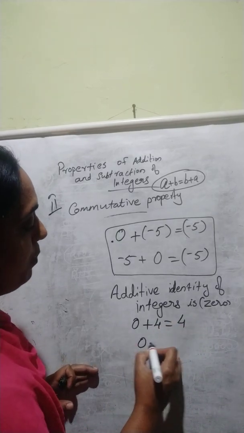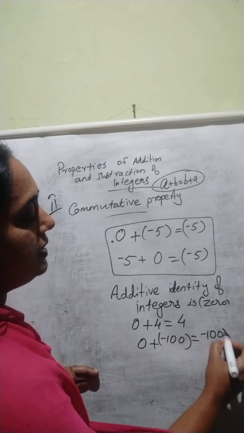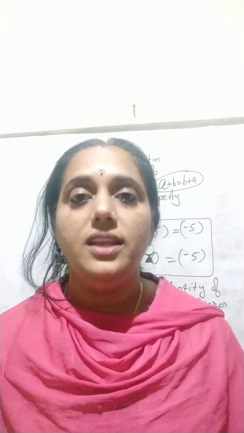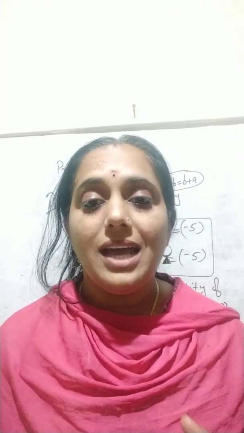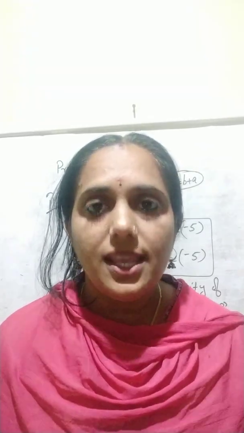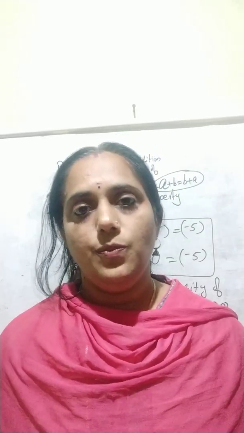Then 0 plus negative 100, negative 100 is the answer. So when we are adding an integer with 0, that integer itself will be the answer. So we can say the additive identity is 0.